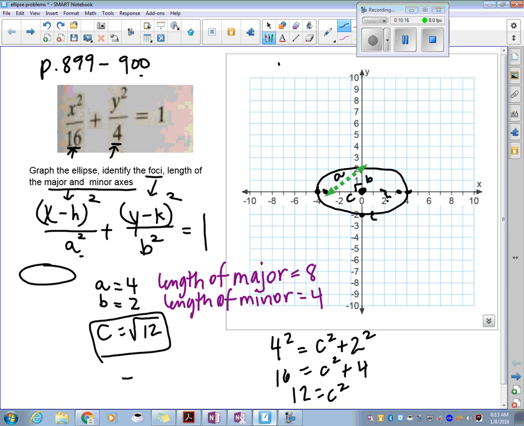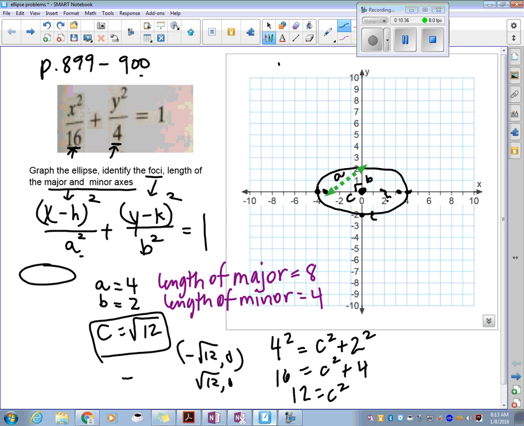Because this is c squared, so you have to take the square root of both sides. Okay? So the foci are going to be negative square root of 12, 0, and square root of 12, 0.